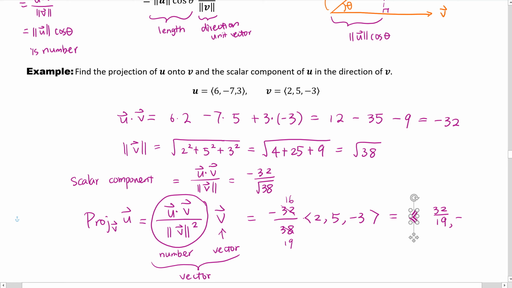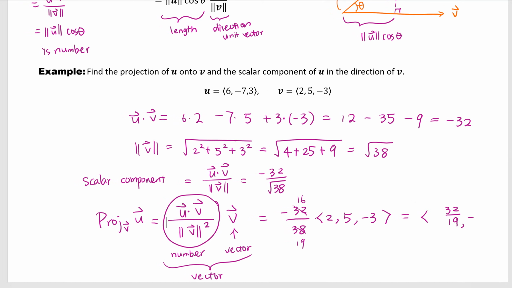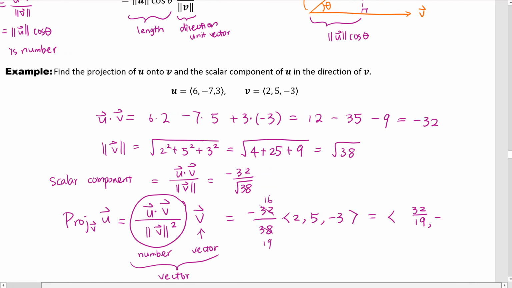Negative, and 16 times 5 is 80, so 80 over 19. Negative 3 times negative 16 is positive 48 over 19. So this is a vector, this is the projection of u onto v.